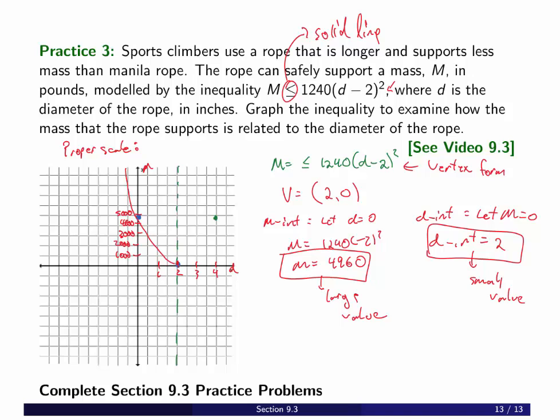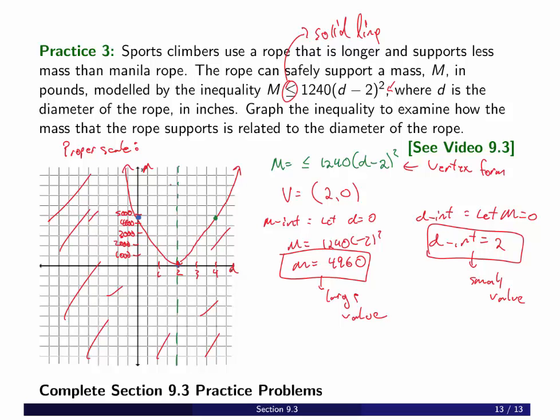So here's what it looks like. Okay. Remember, m is less than this whole graph. So basically what you're dealing with is everything over here. Okay, you're dealing with all this other stuff, not greater than.